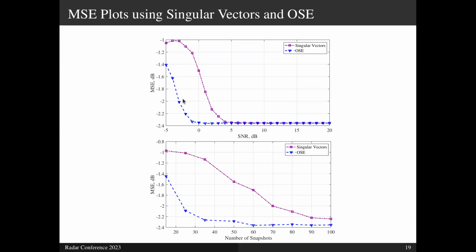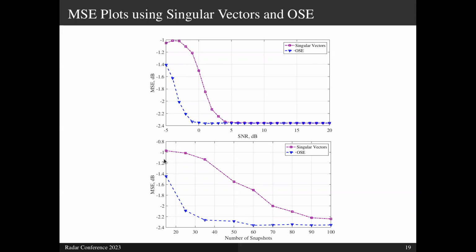We can see that the error is much lower when we use OSE compared to singular vectors. In the bottom panel, we are fixing the SNR at 0 dB, and we are varying the number of snapshots up to 100. In this case also, we can see that with OSE, we get lower error compared to singular vectors.